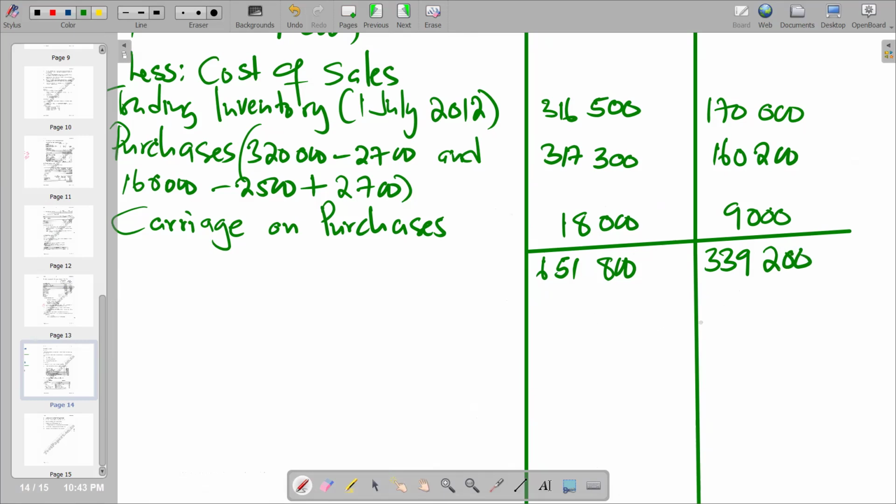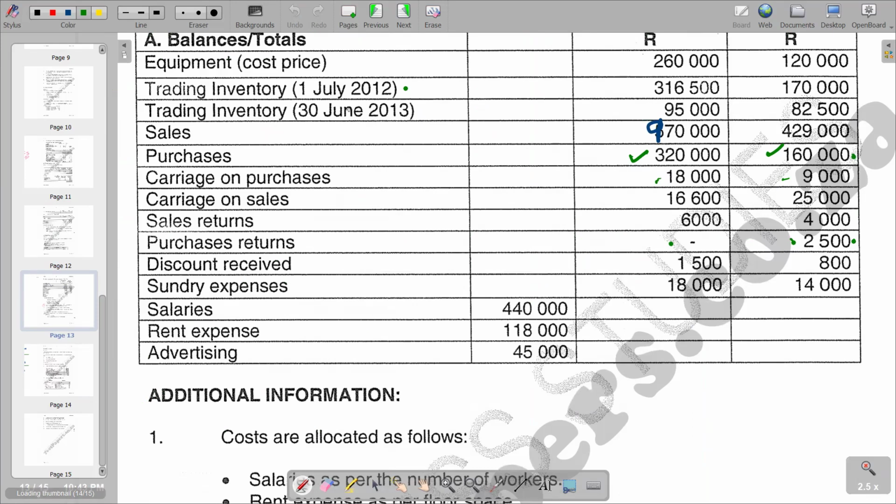And then after that, we have to subtract our closing stock. This is less trading stock. In brackets, we put the closing date. Remember, the closing date is 30 June 2018.